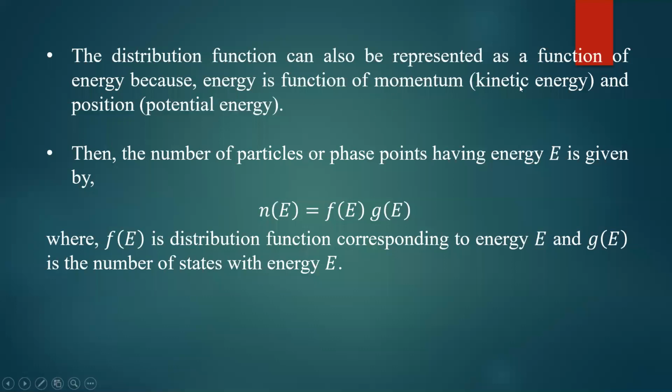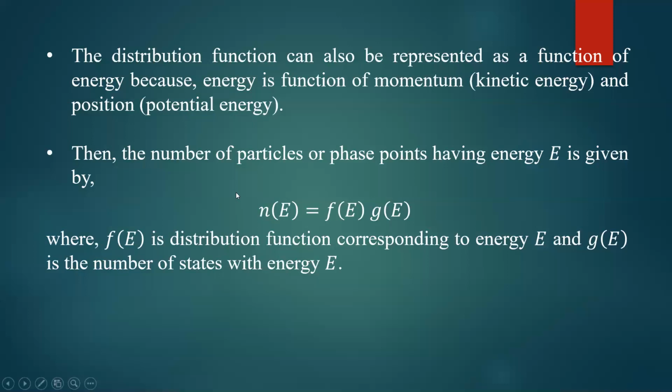We know that kinetic energy depends on the momentum of the particle, whereas potential energy is the energy due to its position. So momentum and position coordinates are used to represent the state of the system in phase space. You can express this momentum and position in terms of kinetic energy and potential energy. The sum of these two energies is called the total energy.